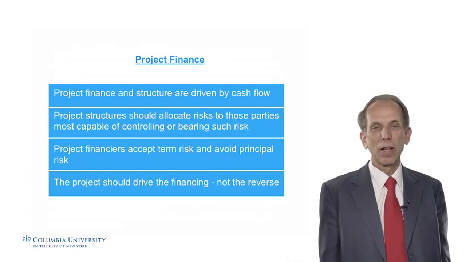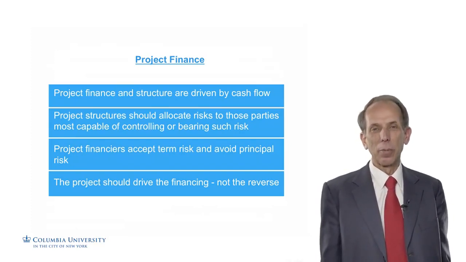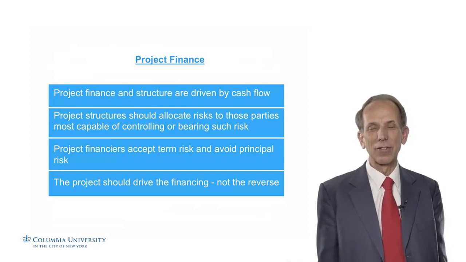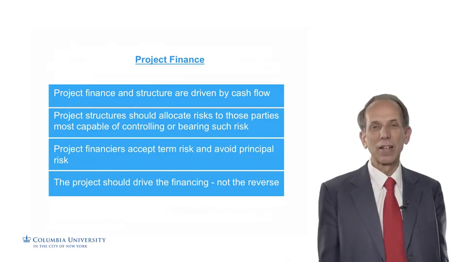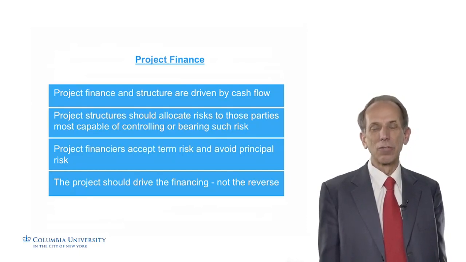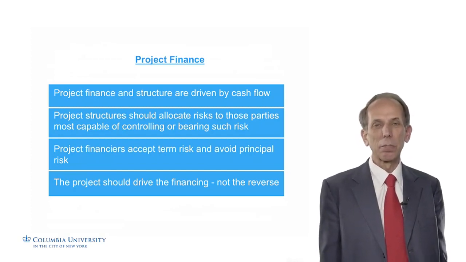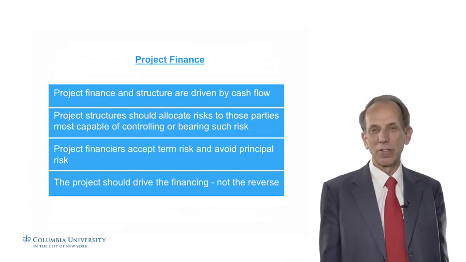If you're going to be selling copper from a copper mine, you should be selling copper to the open market. But if you're selling electricity, you need to have an off-taker for that electricity. Somebody who can take that electricity and has the capacity to be able to distribute it to consumers of that electricity. So it's the party that's best capable of managing or accepting such risks.